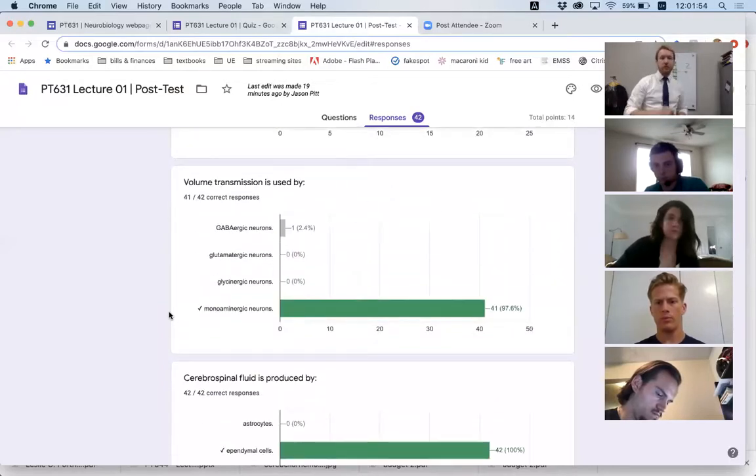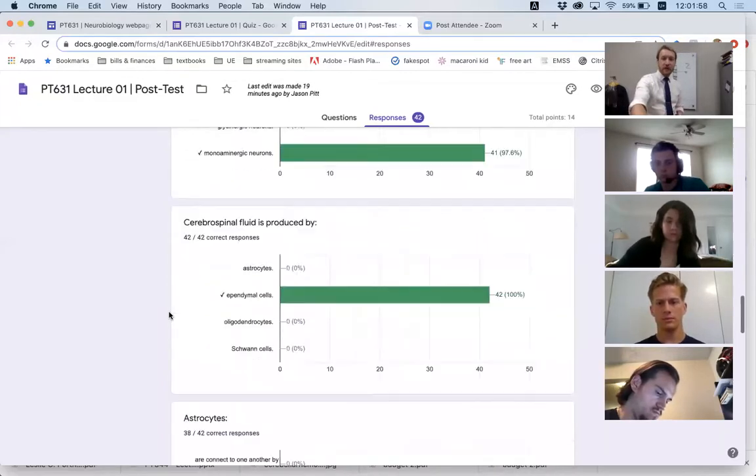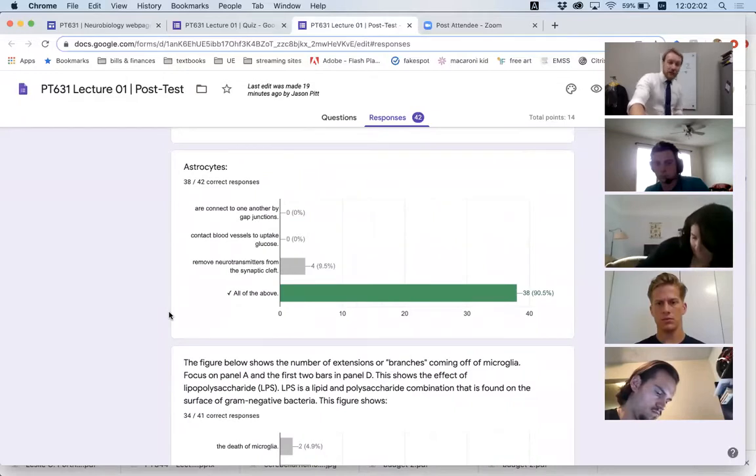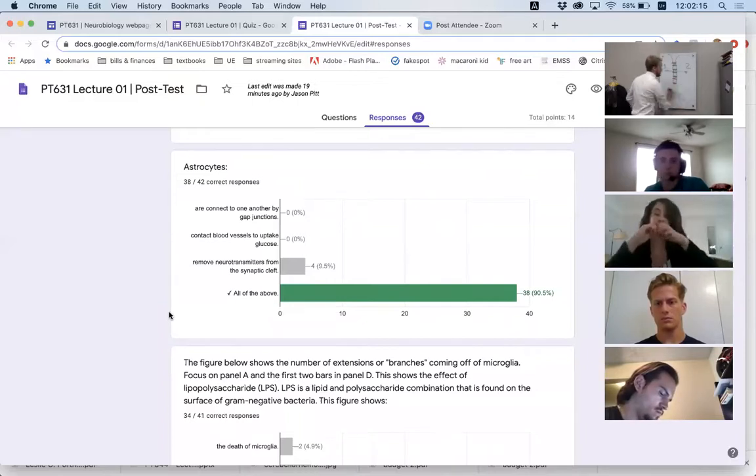Volume transmission, we should be thinking monoamines. We're doing that. We got our ependymal cells. Astrocytes do all of this. They are definitely connected to each other by gap junctions. That's how they form that network. So that if one is very close to a highly active area and picking up a whole bunch of glutamate, let's say, it can spread that out to its neighbors.